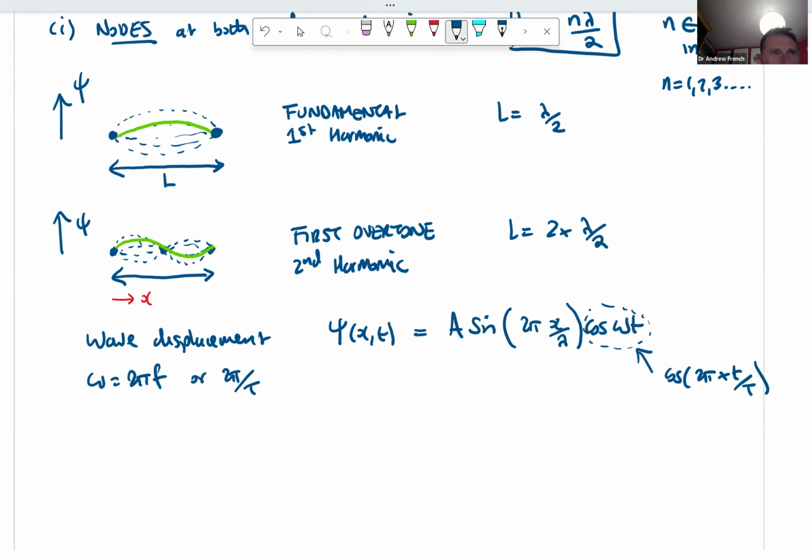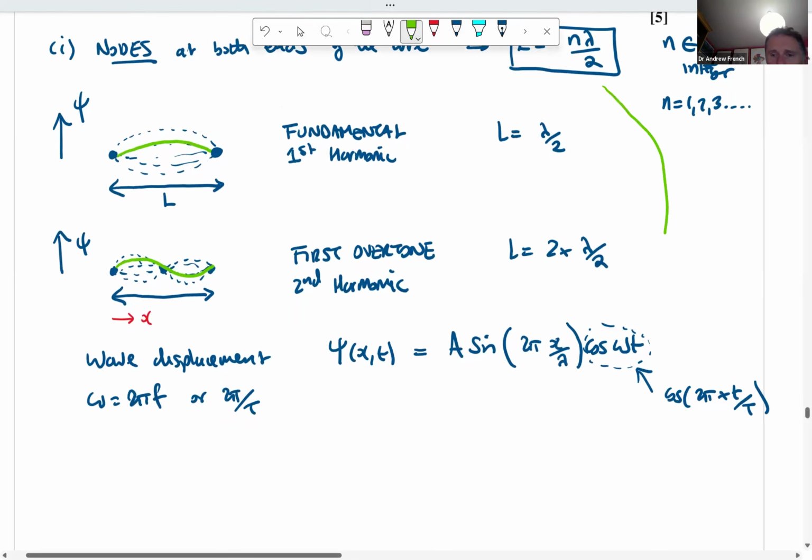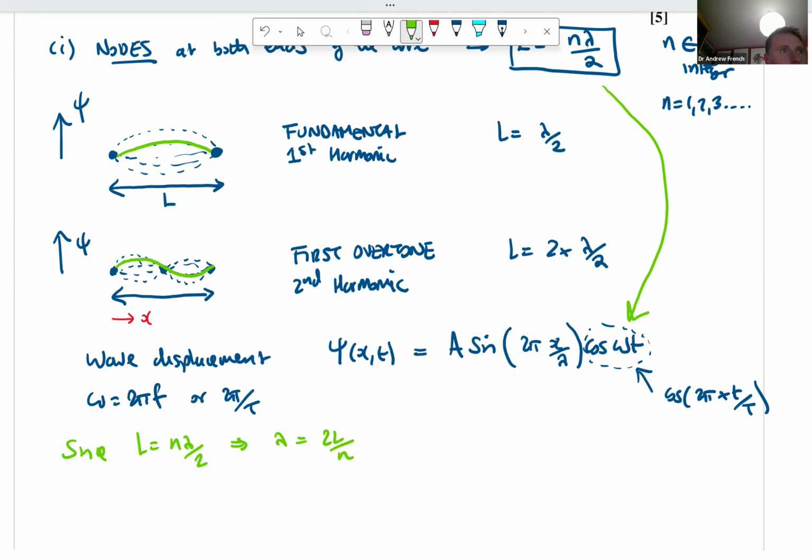So that's our general idea of a standing wave. And then we can use our quantization condition, the nodes at both ends. So L is n lambda on 2, which means that lambda is 2L on n. We can put that all in there.